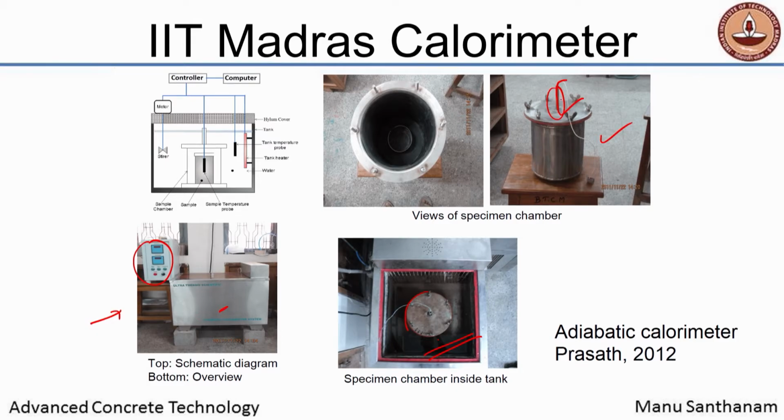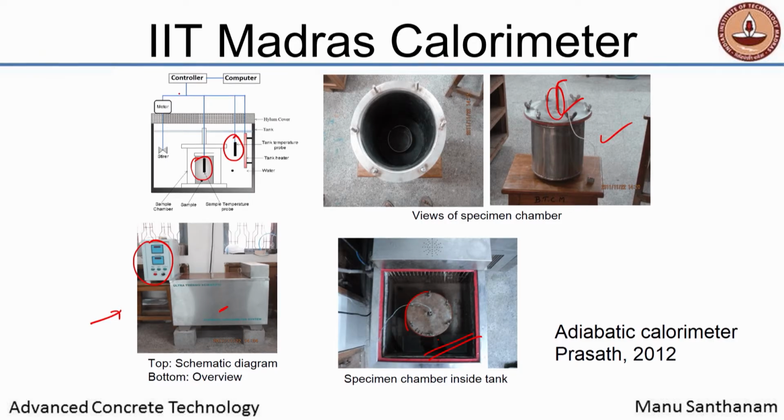And of course, that is connected to the circuit which is measuring the different temperatures. We have a temperature measurement inside the water bath also. This is the tank temperature probe. This is a schematic view of the water bath. That is the tank temperature probe, that is the temperature probe inside the sample chamber, and both of these are measured.